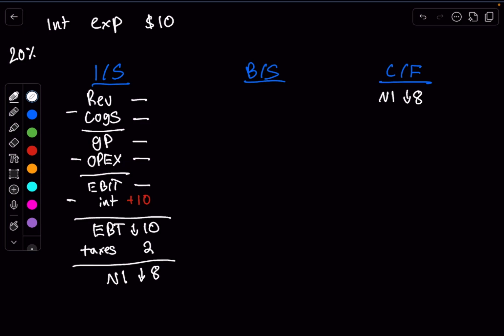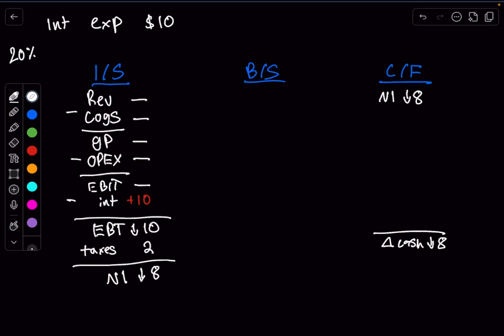So if we just flow through this, it's just going to show us that we have $8 less of cash. So we have our net income. There's no adjustments to be made here. So our change in our cash is going to be adjusted down by 8, right?